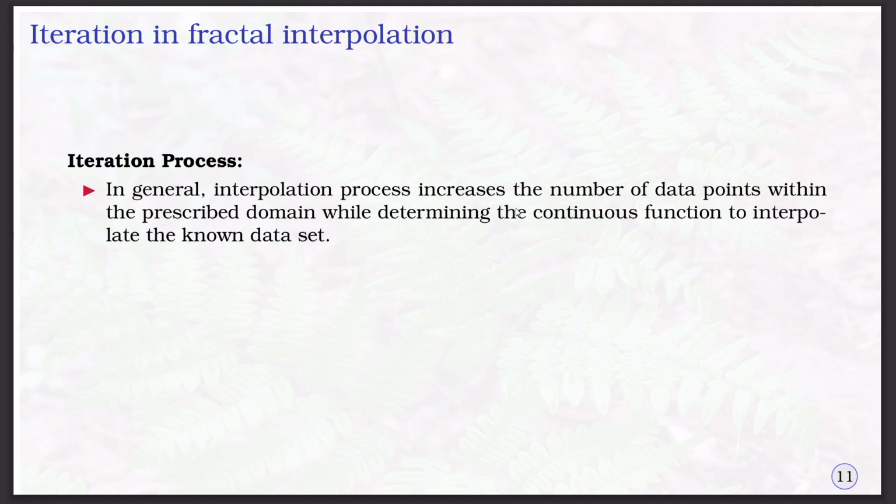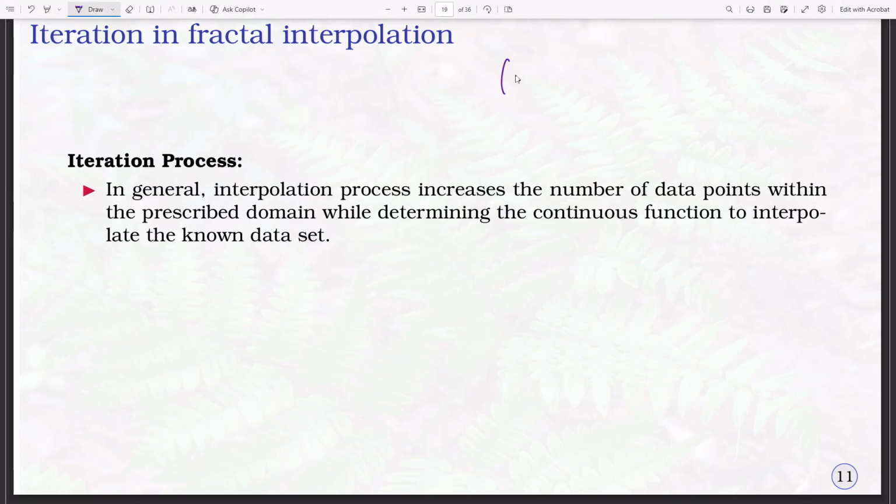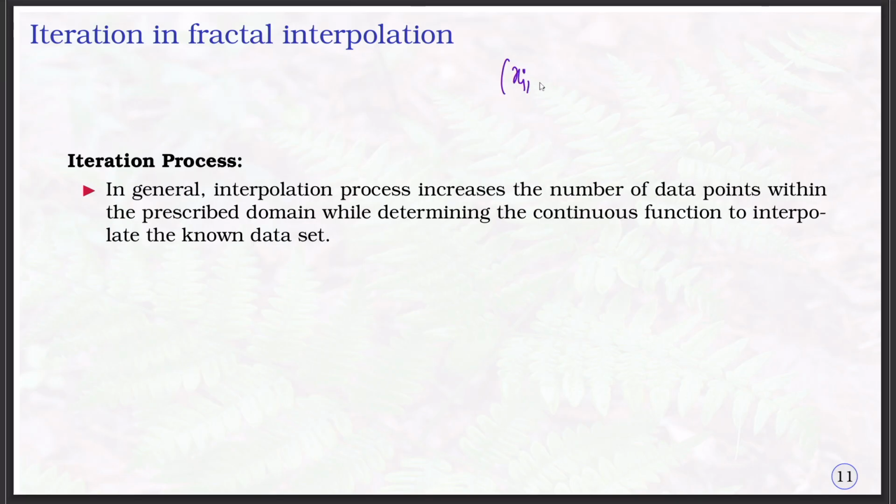Consider the data xi, yi belonging to R power 2, such that n number of data points are given. Maybe in this process we can take n plus 1 data points, but let me take n data points.